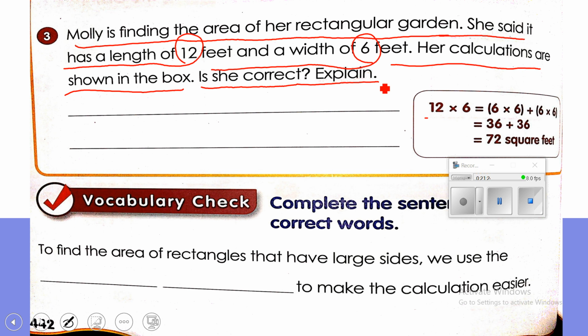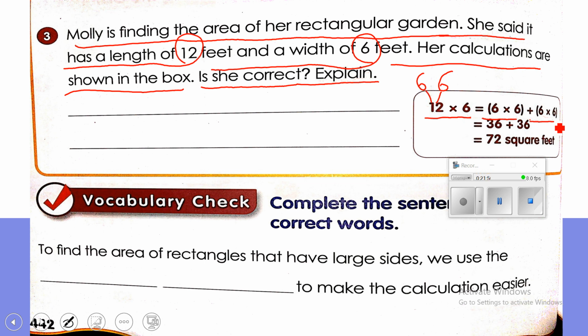She said 12 multiplied by 6 is. She made the 12 into two parts, which are 6 and 6. So she said 6 multiplied by 6 plus 6 multiplied by 6, 36 plus 36.